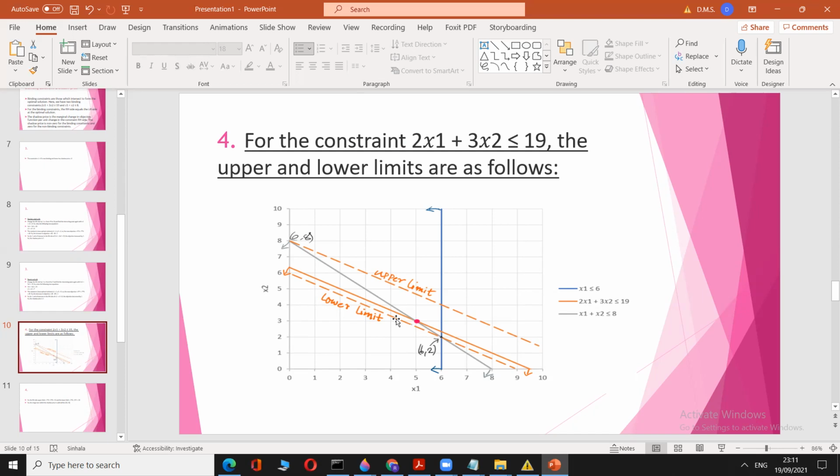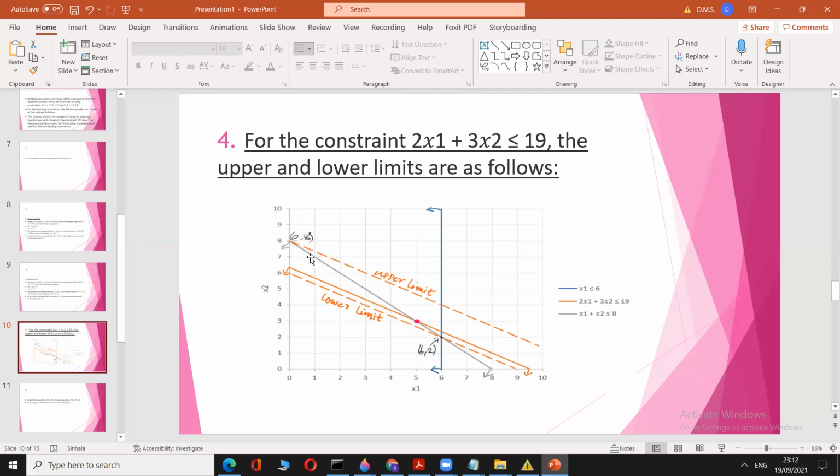If there are two constraint lines, you consider one constraint line and its upper limit and lower limit. Now I'm considering 2x1 plus 3x2 less than or equal to 90. Then consider the other constraint line. What is that? x1 plus x2 less than or equal to 8.